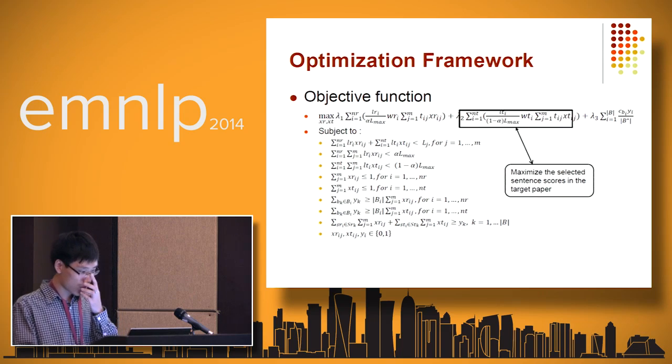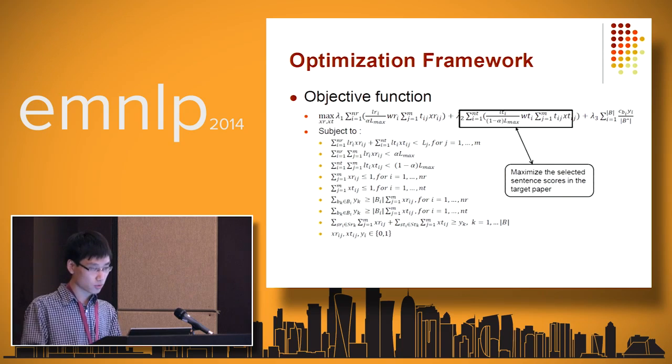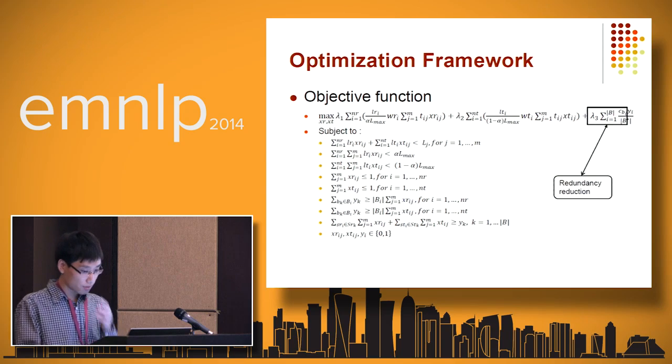The second part is to maximize the selected sentence score in the target paper. And the last part considers redundancy reduction.